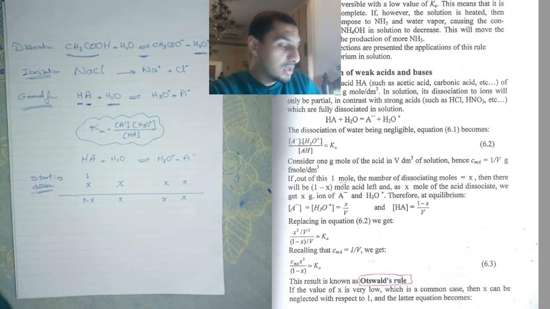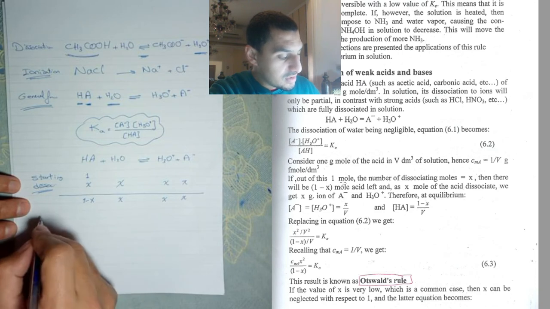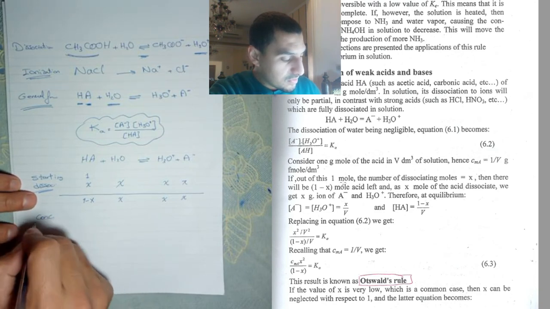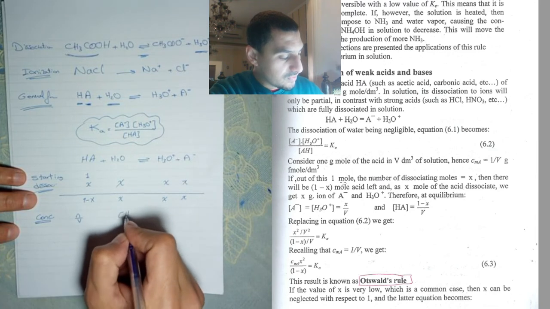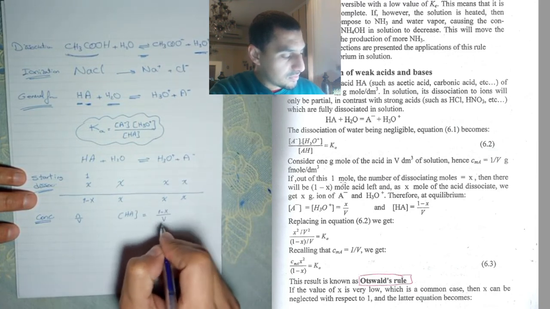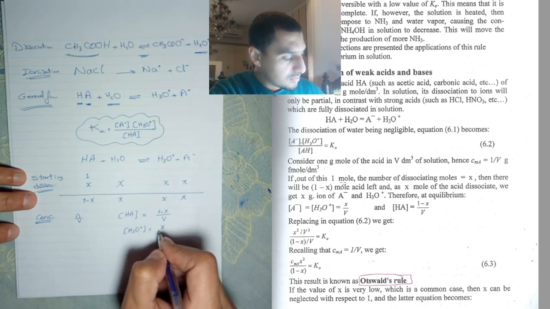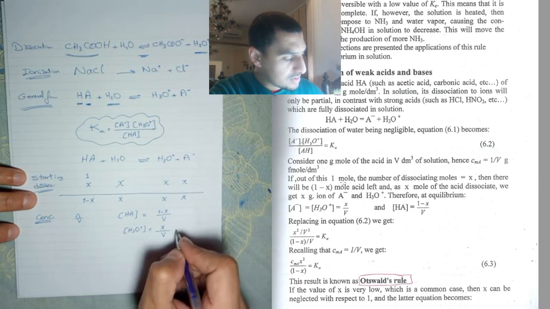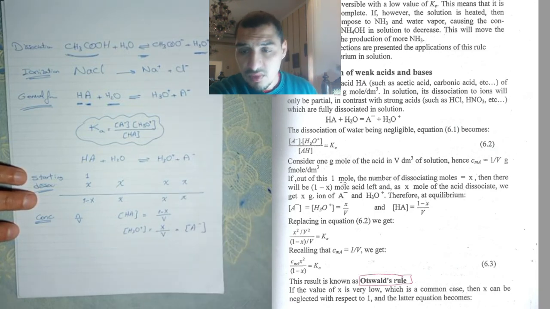If we consider these as number of moles, then the concentration will be the number of moles divided by the volume. So the concentration of HA, the final concentration, is going to be the number of moles divided by the volume. The concentration of the hydronium ion is going to be X divided by the volume, which is the same as the concentration of A minus. So this is what we will get out of this dissociation.